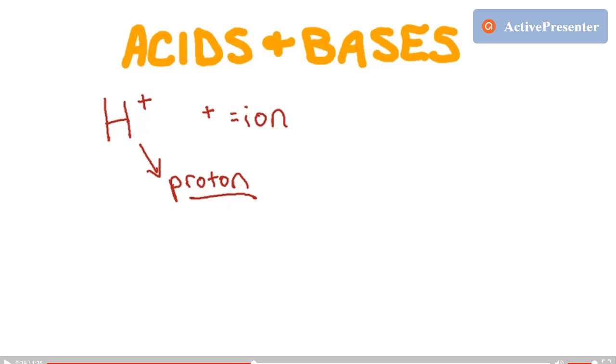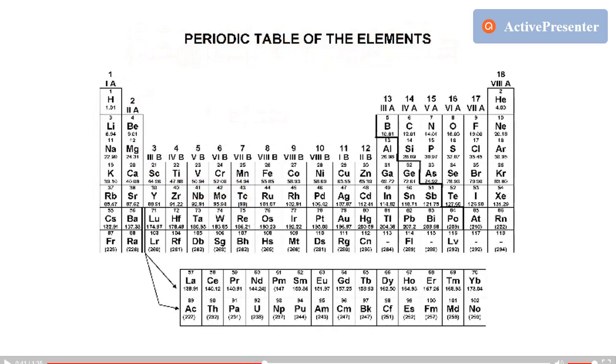So if we look at the periodic table, here is hydrogen right here. And hydrogen, because it's atomic number 1, has 1 proton.